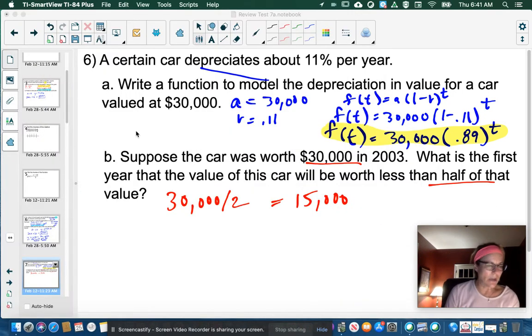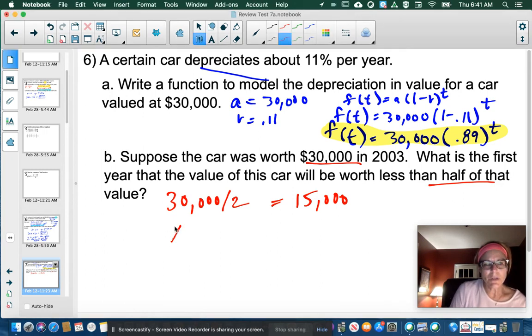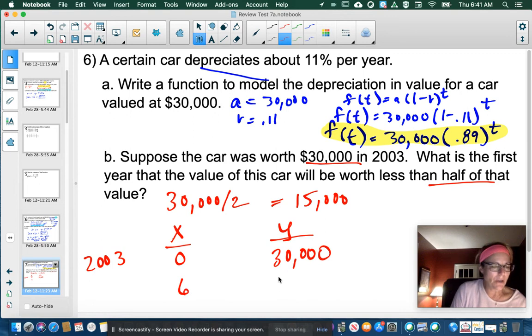So let's write this down right now. Let's write down what we know. Okay, done a couple of things here. We have our X, we have our Y. At time 0, when we start, this is how much the car is worth. That is in the year 2003. After 6 years, now the car is worth 14,909.